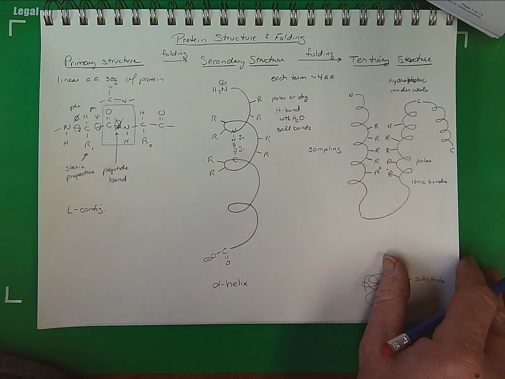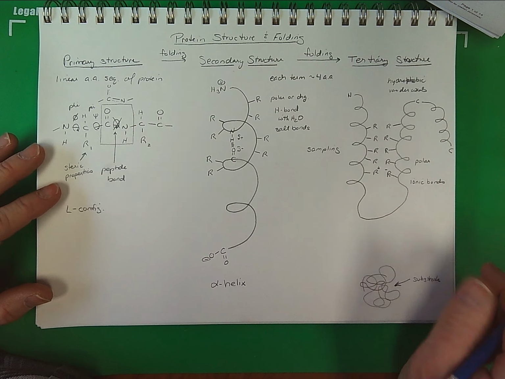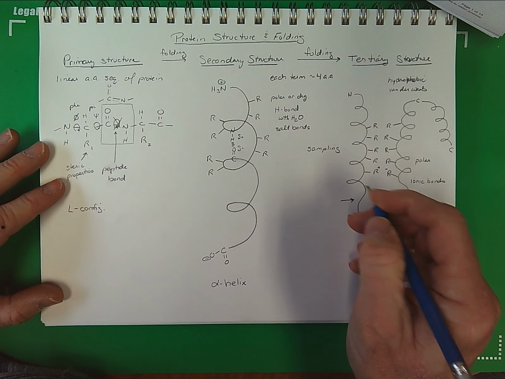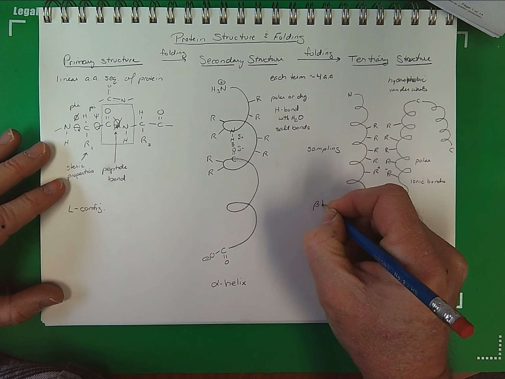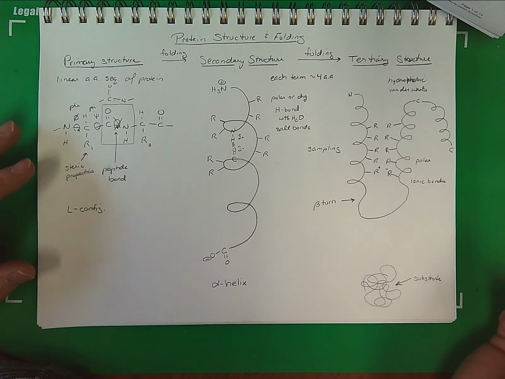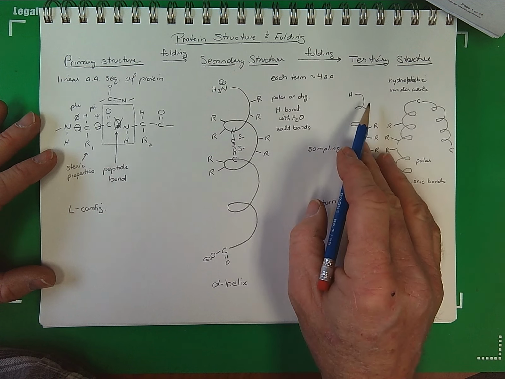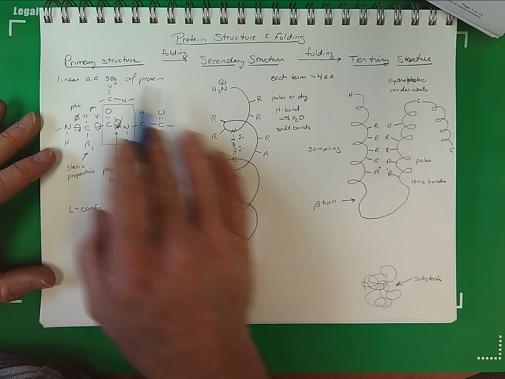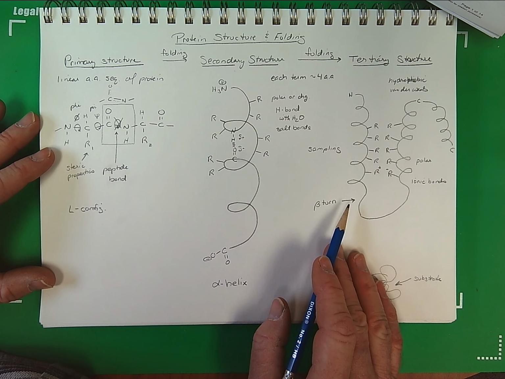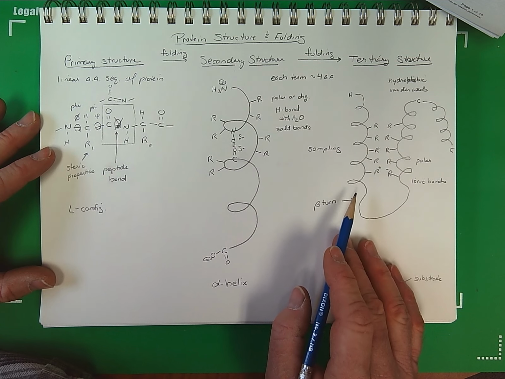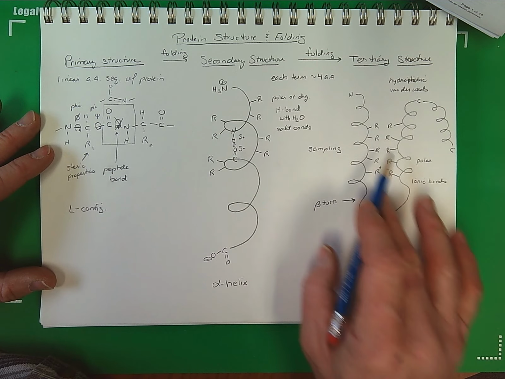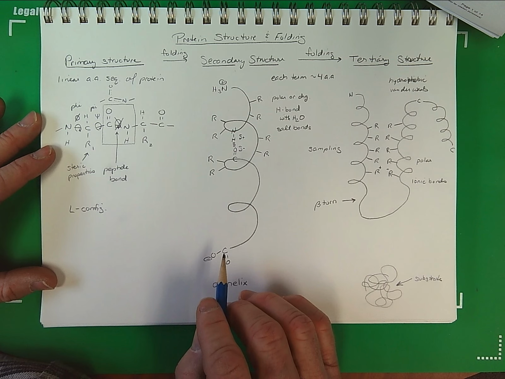Now there are a couple of other considerations here. This loop structure here. If we had one long alpha helix generated by the primary structure of the protein, this could potentially form a very rigid structure that could not fold back on itself to do this sampling to form tertiary structure.